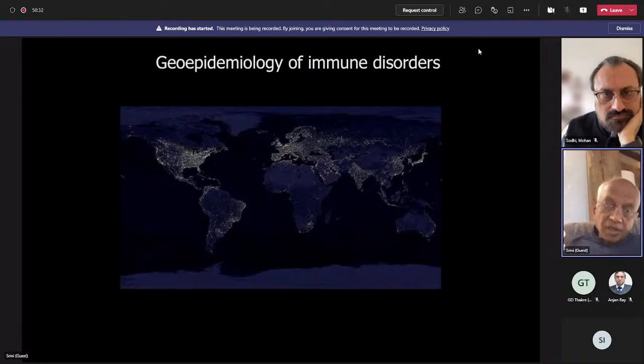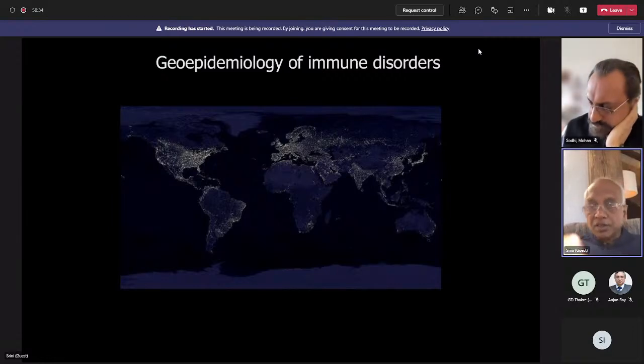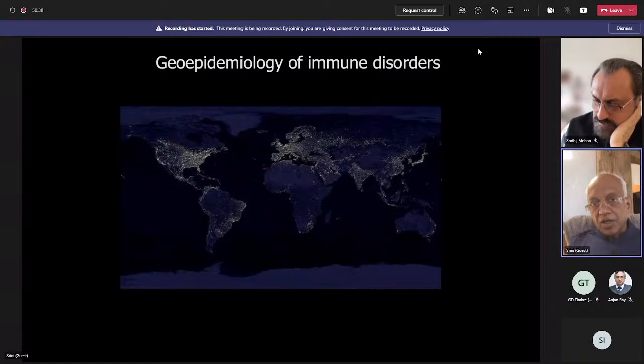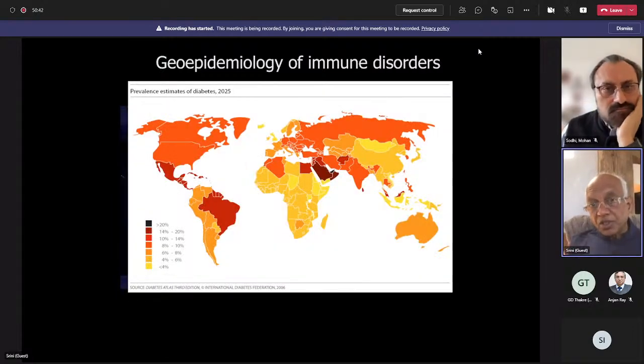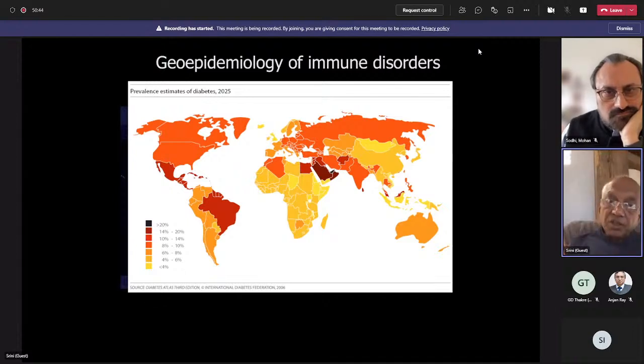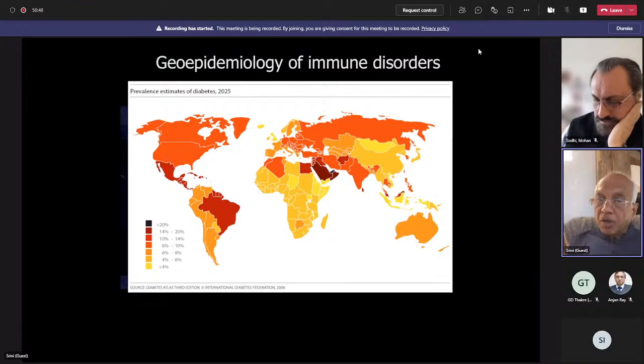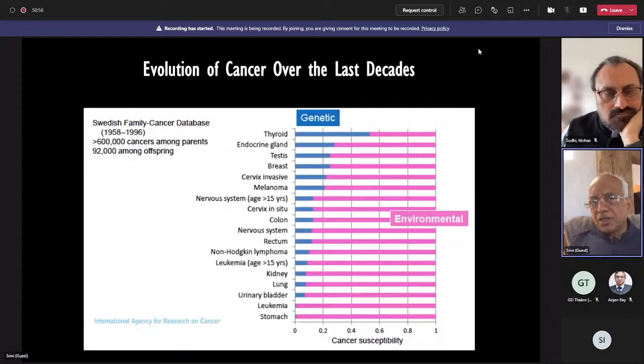But if you overlap that with the diseases, all those rich countries have the emergence of these new immune disorders: allergy, autoimmune diseases, and cancer. So what is that inverse relation?